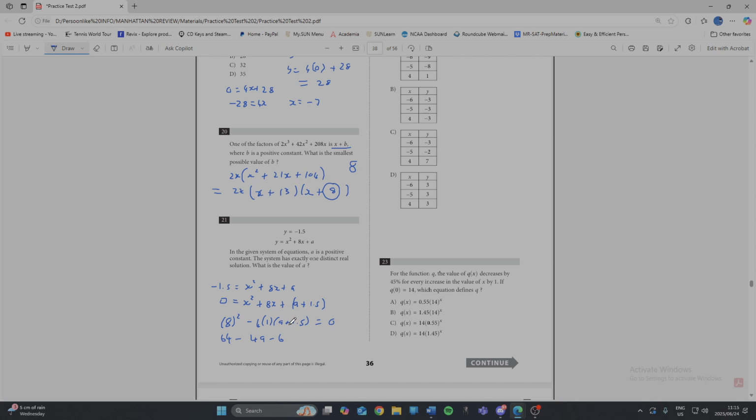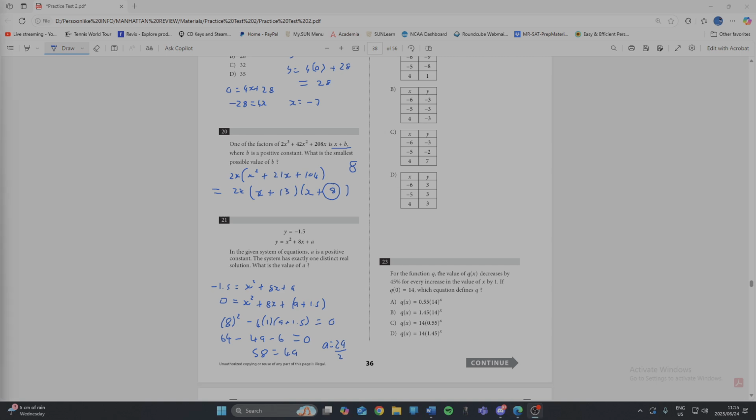Because negative 4 times 1.5 is negative 6, is equal to 0. And this would mean we are left with 58 is equal to 4a. And 58 divided by 4 is 29 over 2. So a would be equal to 29 over 2. 29 over 2 would be the answer there.